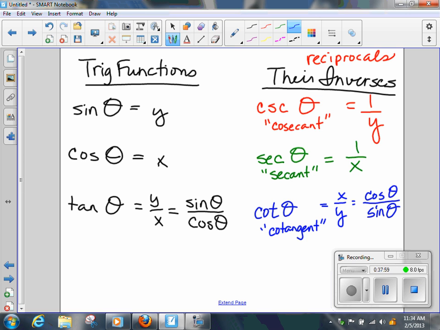Okay? Now, how are you going to keep all these? Which ones automatically lend themselves? They match. They go together. If I told you we're going to have a quiz on trig functions and their inverses, which ones are the easiest to know that match together?